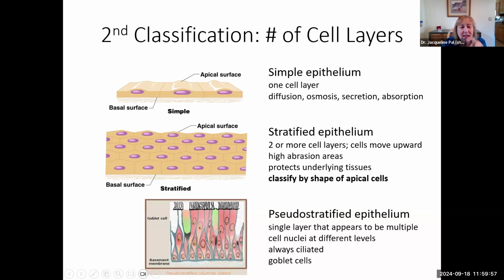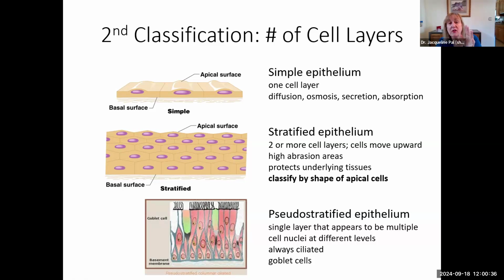So it has nuclei that are at multiple layers, but as opposed to stratified epithelium where you see nuclei at this layer, and then nuclei at this layer, and then nuclei at this layer, it's not all nuclei at one layer, then all at the next. It's like, okay, so we've got some here, we've got some higher up, and we've got some lower down. We've got some at all these different layers, rather than every cell at this layer, and every cell at this layer. And that's your clue that it's pseudostratified.